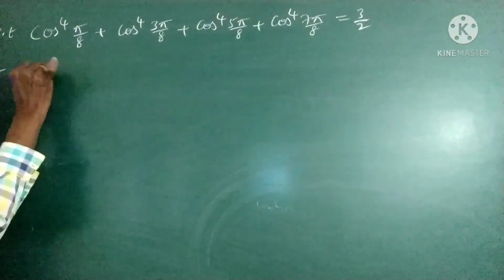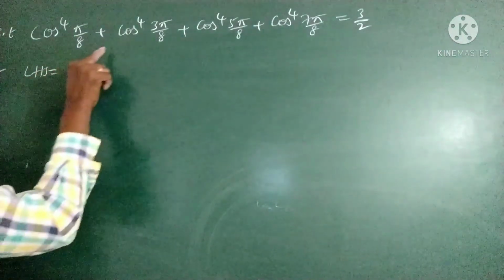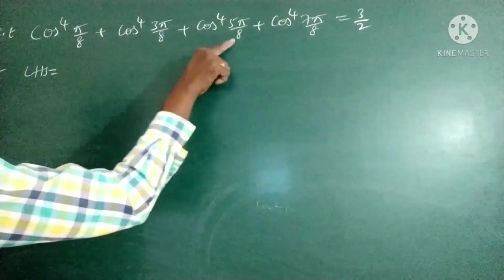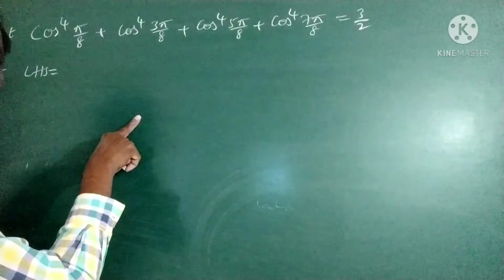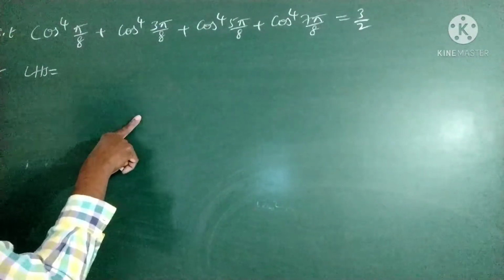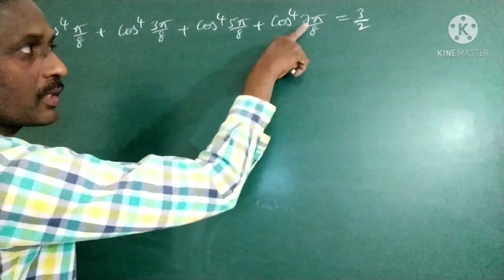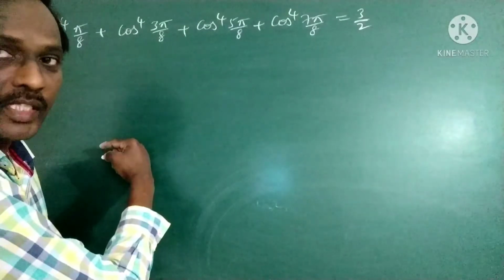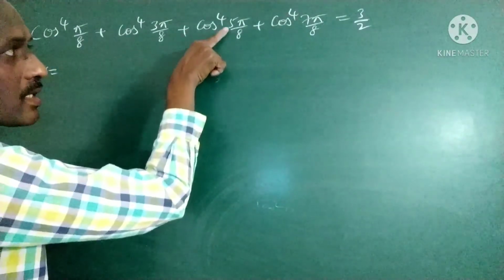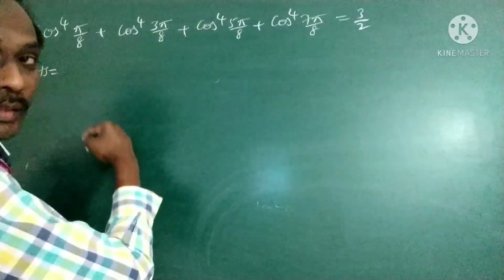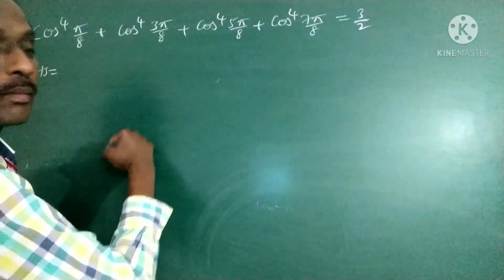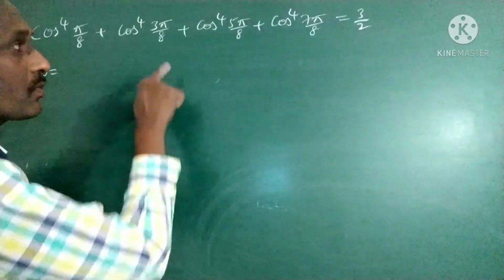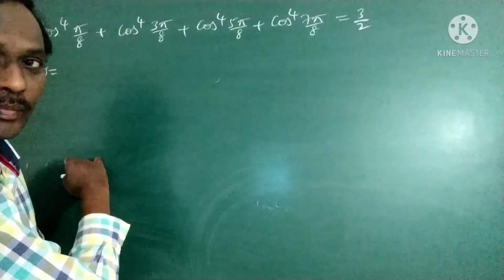LHS of the problem equals, so what you do is, here we have different angles, convert these all into one single angle. Is it possible? Yes. See here 7 pi by 8 we can write as pi minus pi by 8. Here it is the half the nearest, so that pi by 2 more we have plus pi by 8, so that we can get all angles in pi by 8.